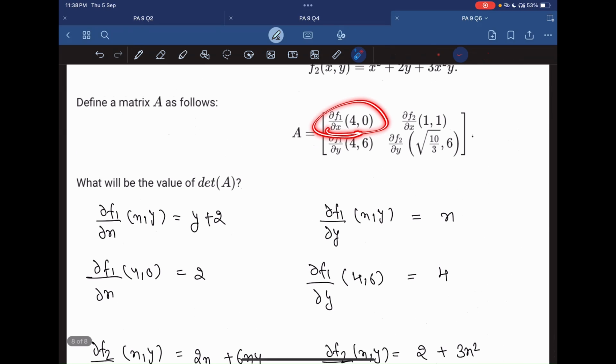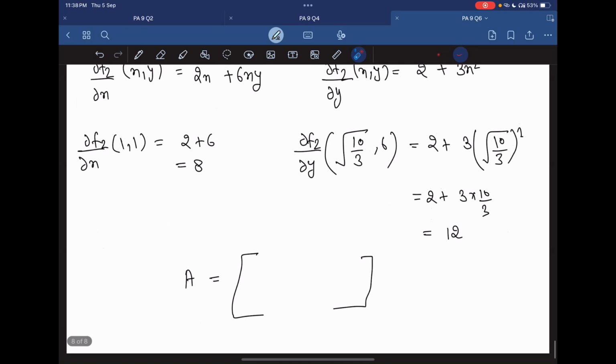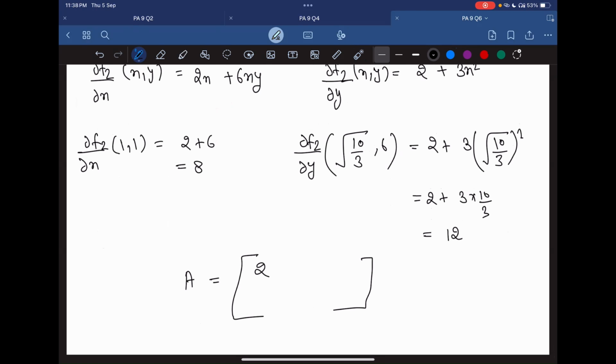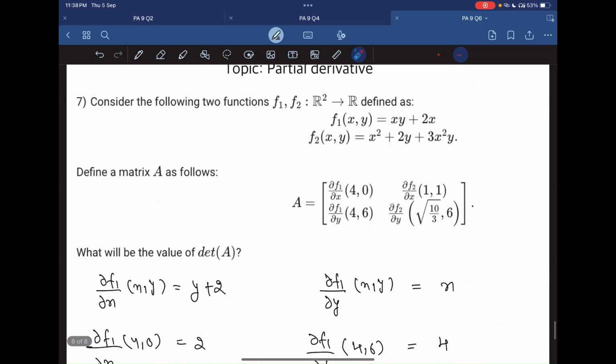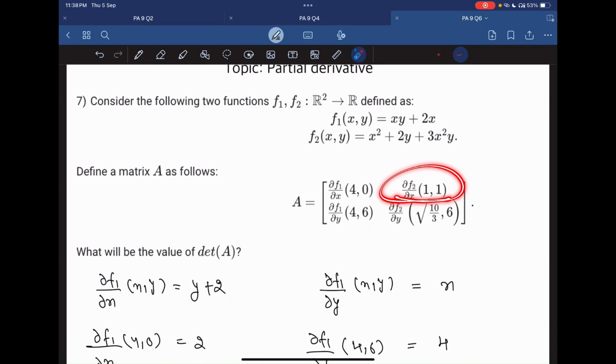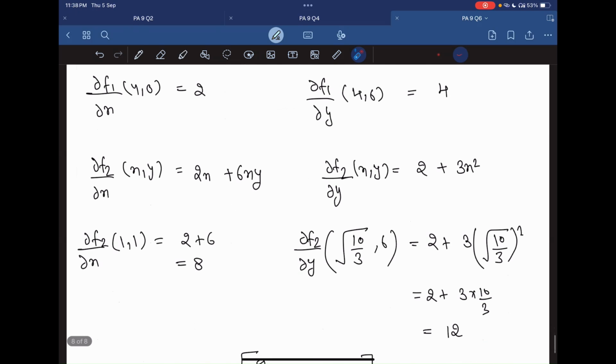Our first row, first column entry is the partial derivative of f1 with respect to x at the point 4 comma 0, and that value is 2. Our first row, second column entry is the partial derivative of function f2 with respect to x at the point 1 comma 1, and that is 8.